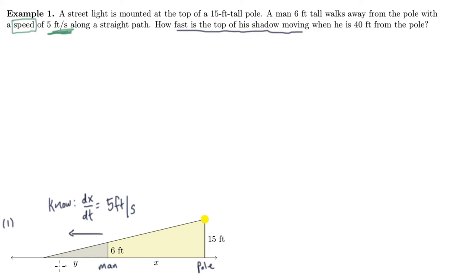But notice that y is the distance from the end of the shadow to the man, so dy/dt is the rate at which the end of the shadow is moving away from the man. We actually want to know how fast the end of the shadow is moving relative to the pole.